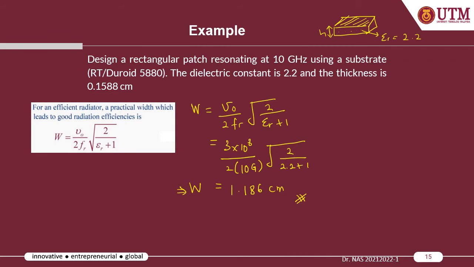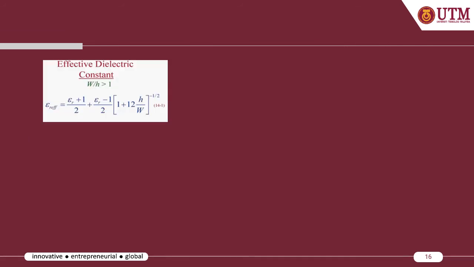So the second step is you need to get the effective dielectric constant. From the previous calculation, the first step, you get W equal to 1.186 cm.